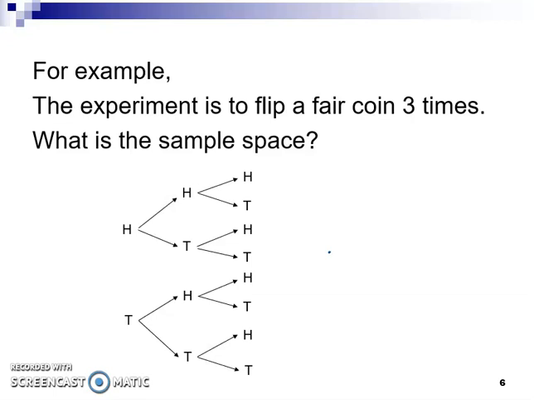we can now list our sample space. So our sample space here is going to be heads, heads, heads, reading across the top branch. The next one is heads, heads, tails. The next one is heads, tails, heads. The next one is heads, tails, tails.